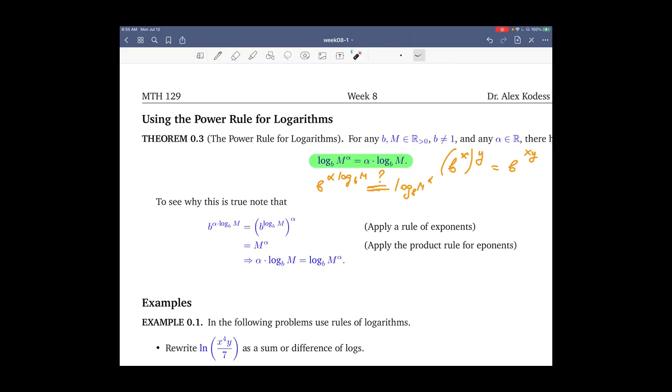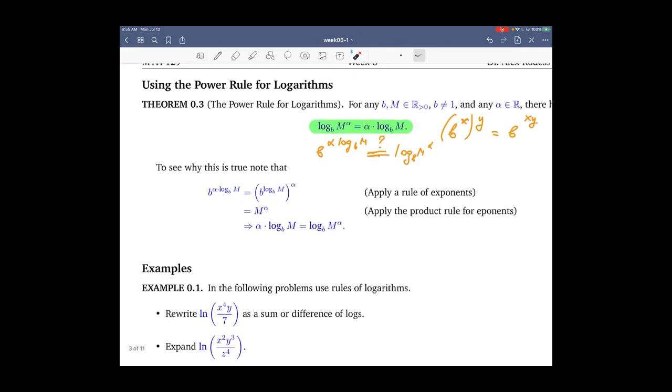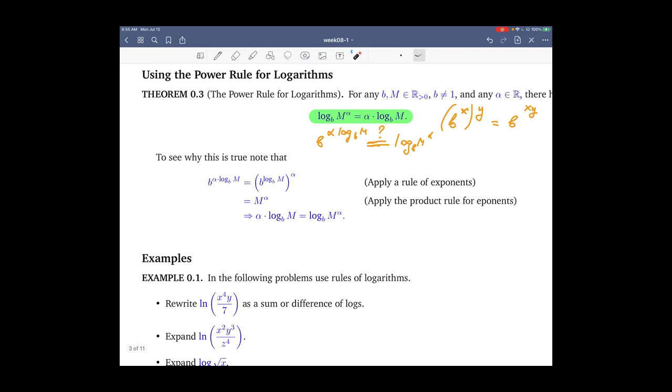Because again, what does it mean to say that log of M to the alpha base b equals this? It means that when b is raised to this power, I get M to the power alpha.